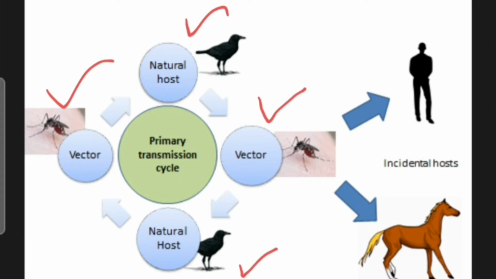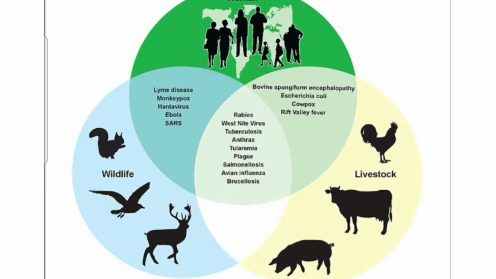It is a circular process, and this vector can harm a person and also some animals, and vice versa. If a person is infected and the vector takes the blood of this infected person and goes to an animal, then the disease can also happen to them, and vice versa. This is also one picture.